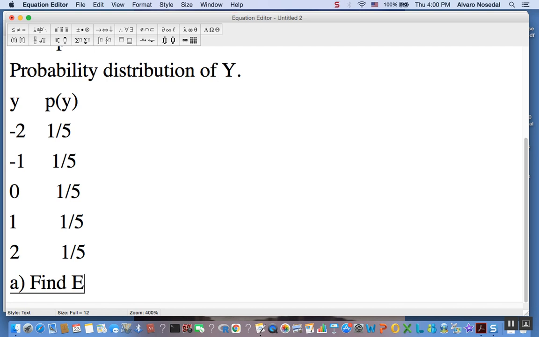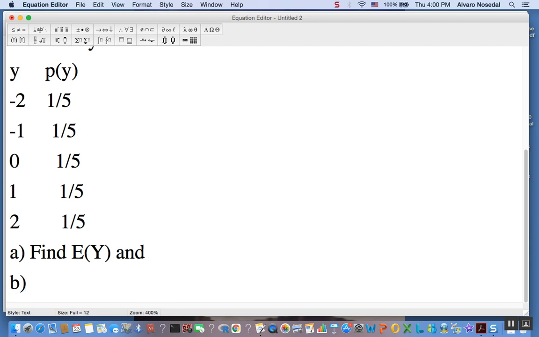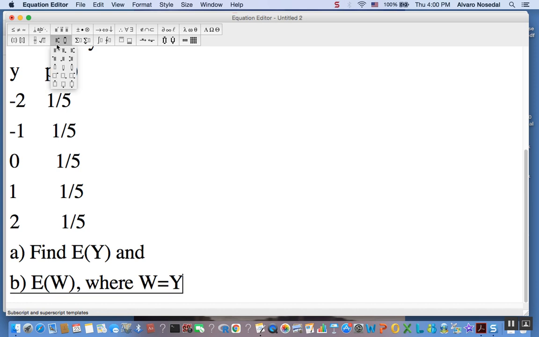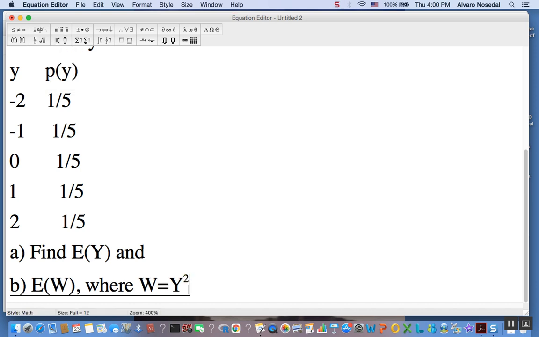Now we would like to do this. Part A: find the expected value of y. Part B: find the expected value of w, where w is now a more complicated transformation, not like the one before where we just had y times a constant.